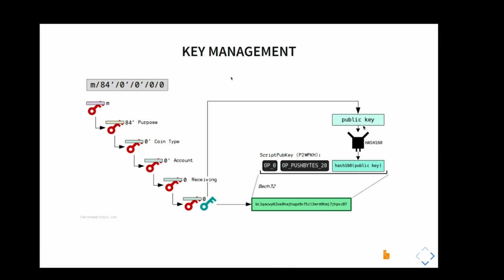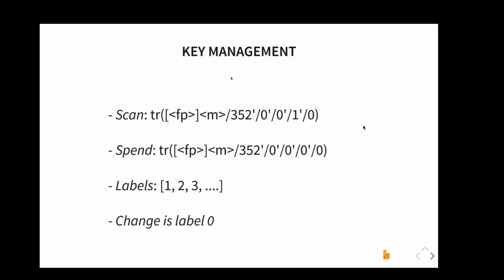And as I showed you, for silent payments, you only need 2 keys, and the good news is that you don't need to change the key management that you usually have for your wallet. So you can get both keys from this, using the same derivation path that we are used to. But at the same time, you have to keep track of all the labels that you have produced for your silent payment code.